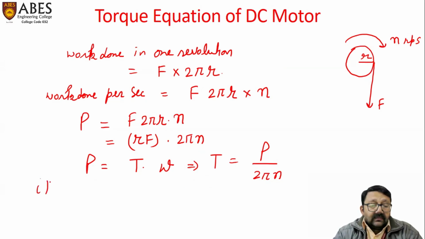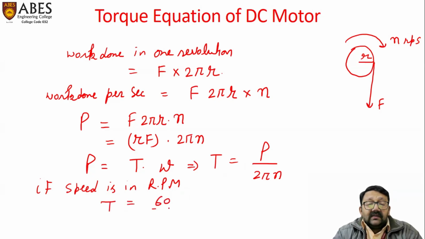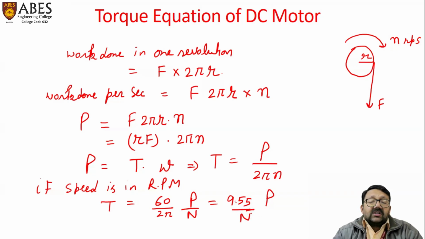And if this speed is considered in RPM, revolutions per minute, then we can relate torque and power as T is equal to 60 divided by 2 pi, into P upon capital N, where N is the speed in RPM, or it can be written as 9.55 P divided by N. So this is the general expression through which we can relate torque and power.